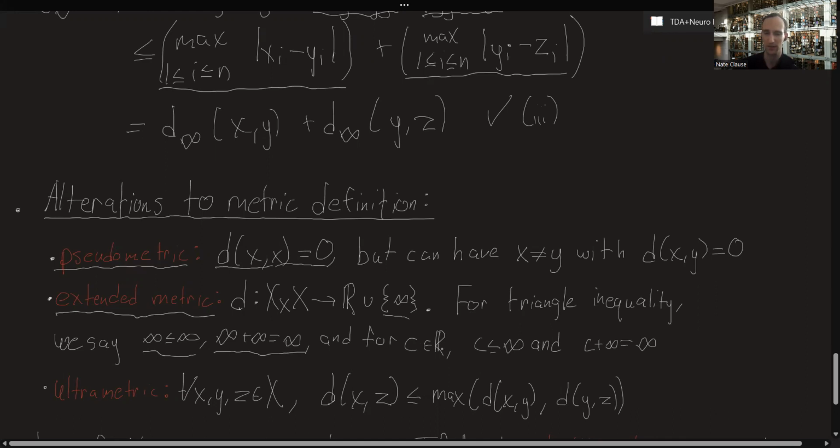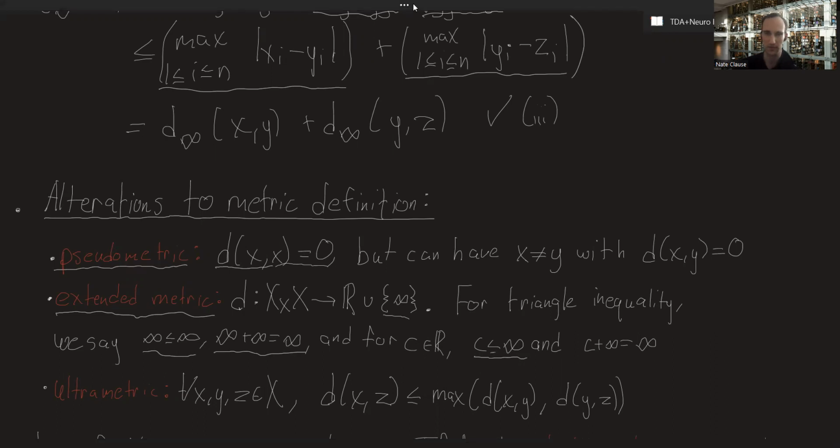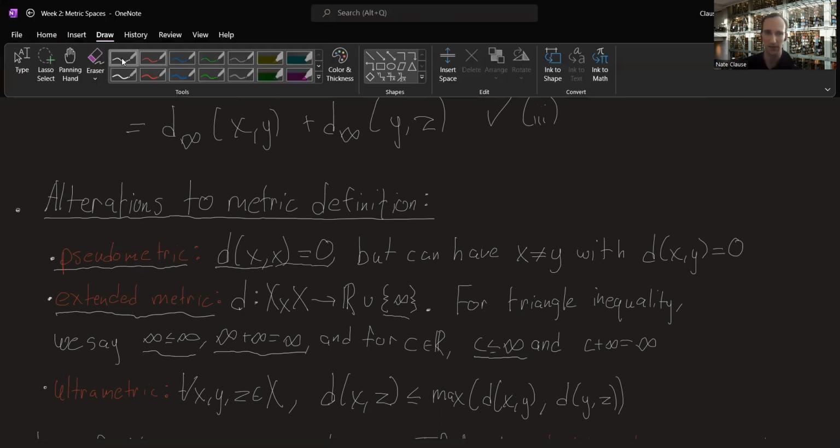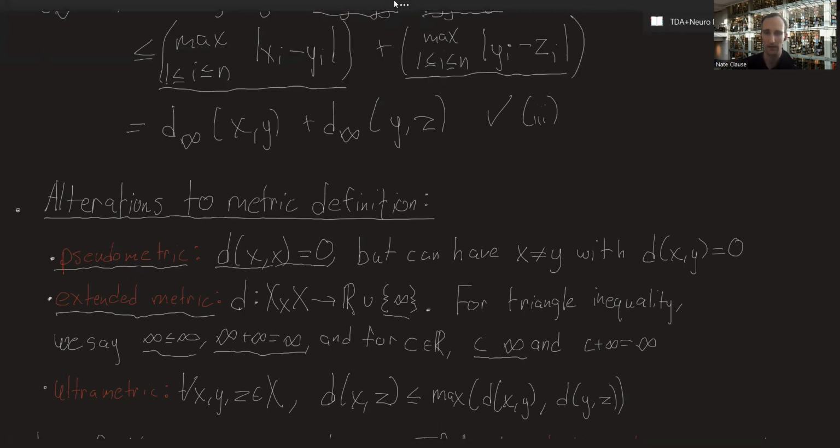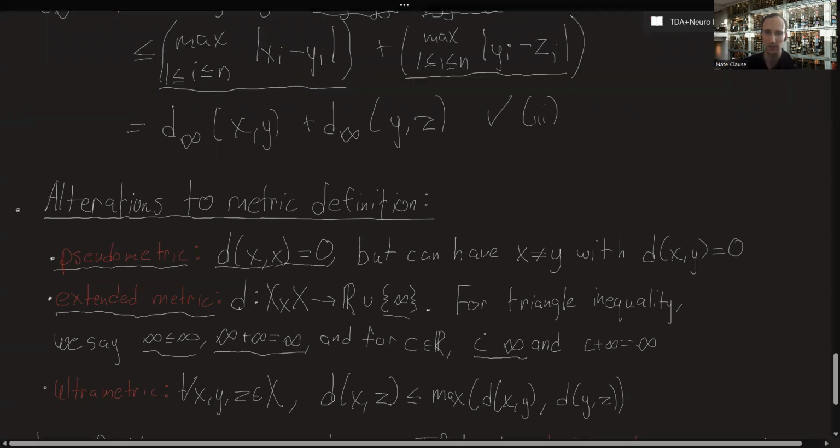And for any constant value c, we say that c is strictly less than infinity, and that c plus infinity equals infinity. So with this new logic on infinite arithmetic and infinite inequalities, all the properties hold the same as for a normal metric space.